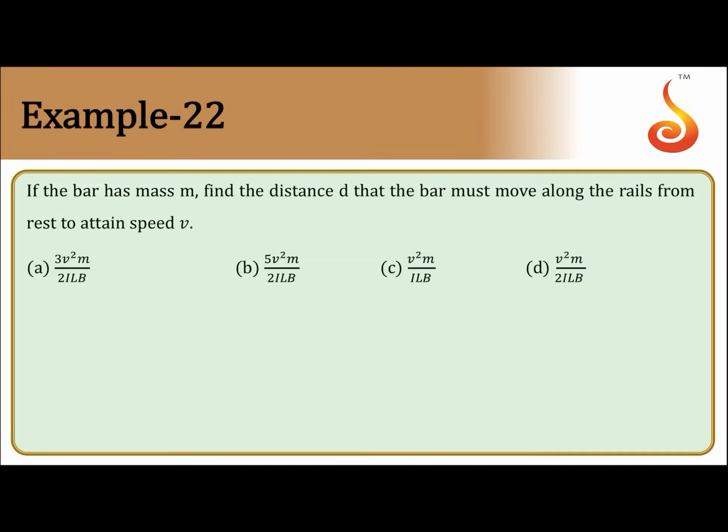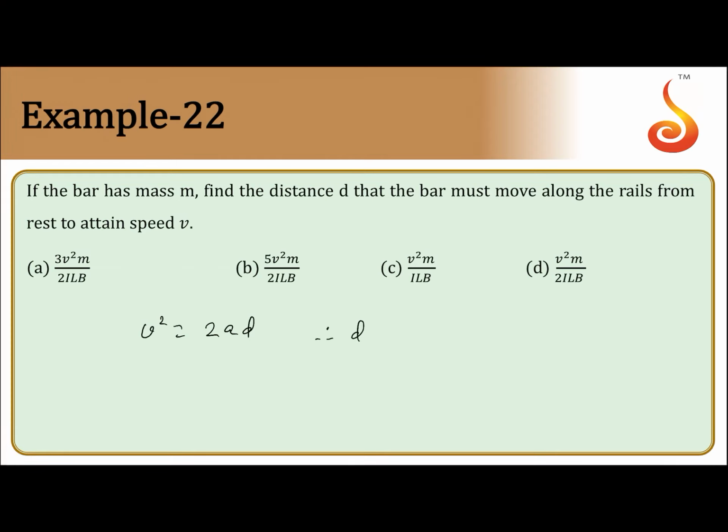And next question is, if the bar has mass m, find the distance d that the bar must move along the rails from rest to attain V. So obviously V square will be equal to 2AD.